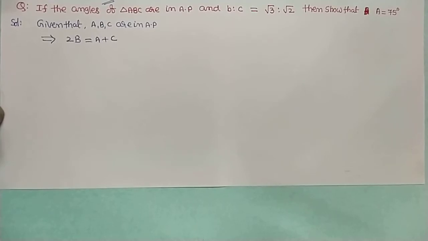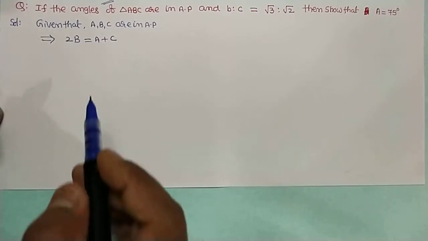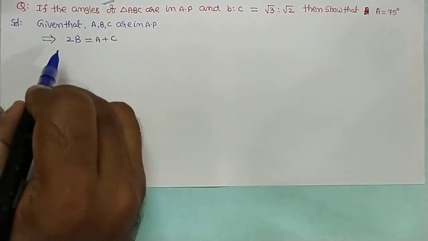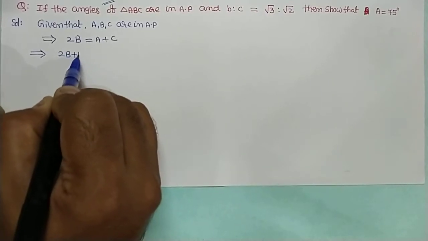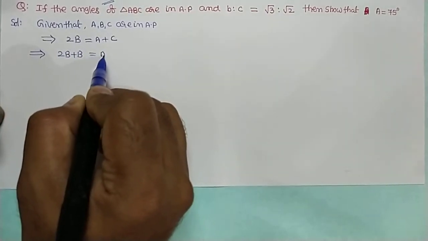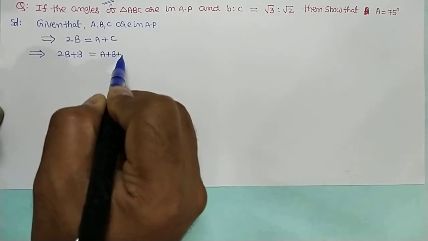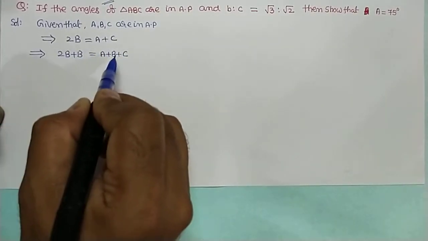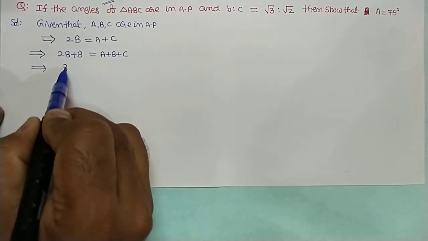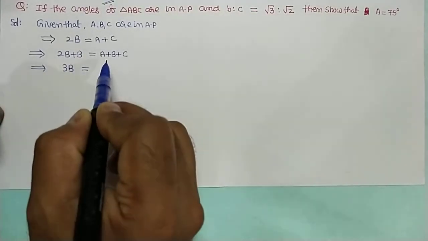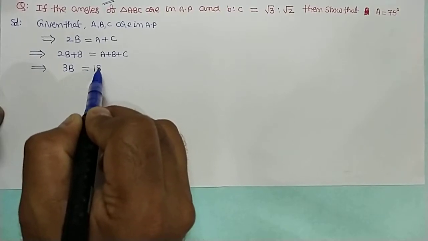Here what I am doing is, we know that in triangle ABC, A plus B plus C is equal to 180, no? So here B is not there. Adding B on both sides, 2B plus B is equal to A plus B plus C. So 2B plus B is 3B, which is equal to, we know that A plus B plus C is equal to 180 degrees.